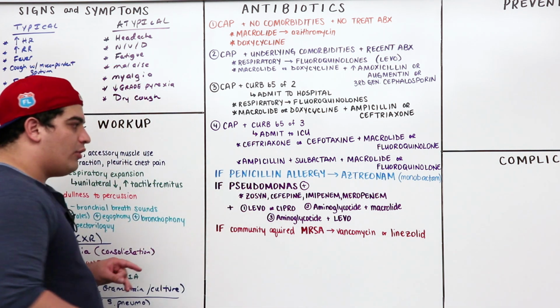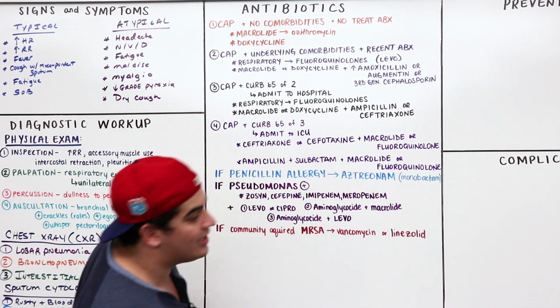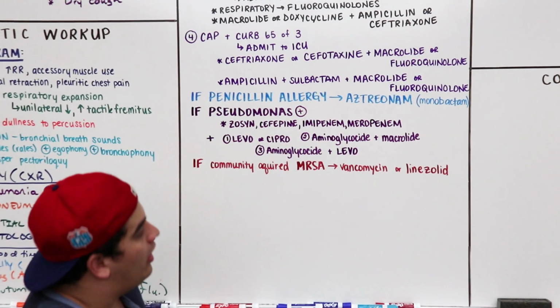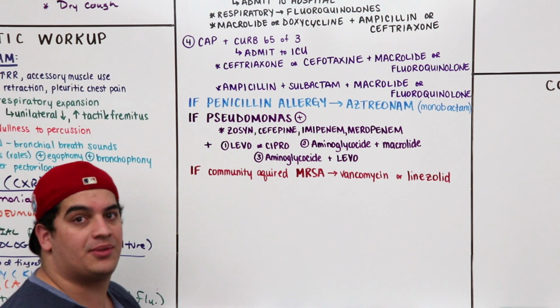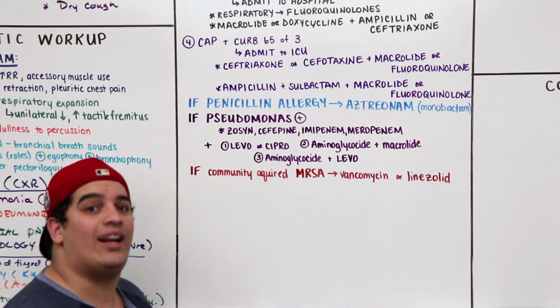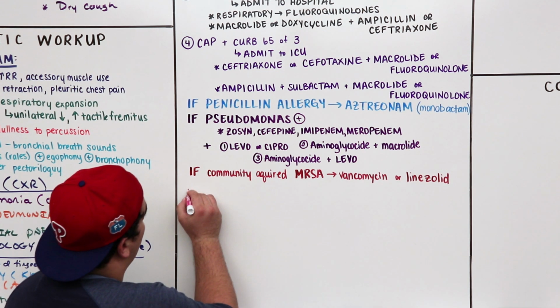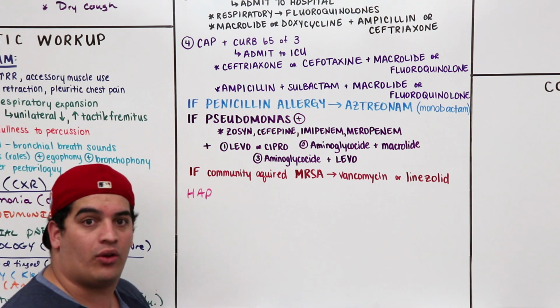Okay? Now, if you remember, hospital-acquired pneumonia is acquired whenever you've been admitted into the hospital for greater than 2 days, right? But here's the thing. When we talk about hospital-acquired pneumonia, there's two types, early onset and late onset. So what do I mean by that here? Let's write here hospital-acquired pneumonia, HAP, okay?